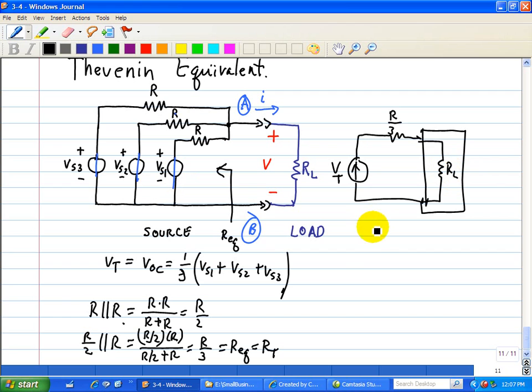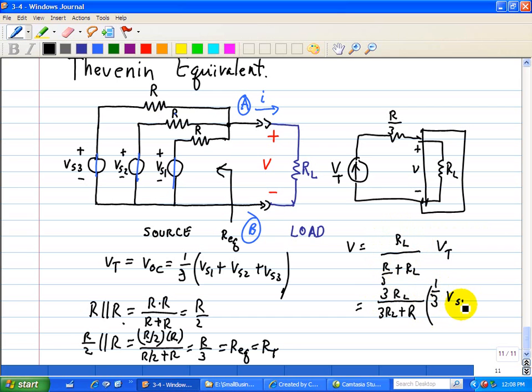Now the voltage delivered to the load, since this is V, plus and minus, is a simple voltage divider, which is just RL over R over 3 plus RL times VT. We'll substitute VT. That's 3RL plus R, where we multiplied 3 top and bottom to give us this relationship here for the R. So for the resistance, it's 3RL over 3RL plus R, and for VOC, it's 1/3 times VS1 plus VS2 plus VS3.